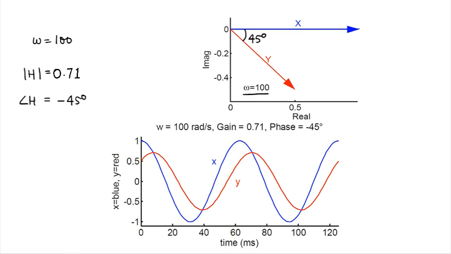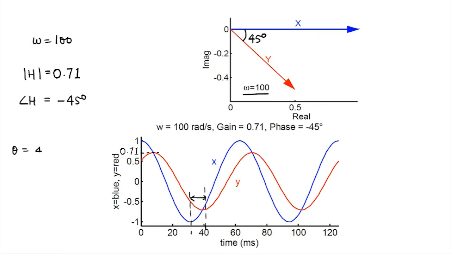You notice that the amplitude of the output, which is shown in red, is now 0.71 in comparison with the amplitude of the input, which was 1, and the phase difference in angle corresponds to 45 degrees. That means this signal Y, the output, is lagging behind input X by a phase of 45 degrees.